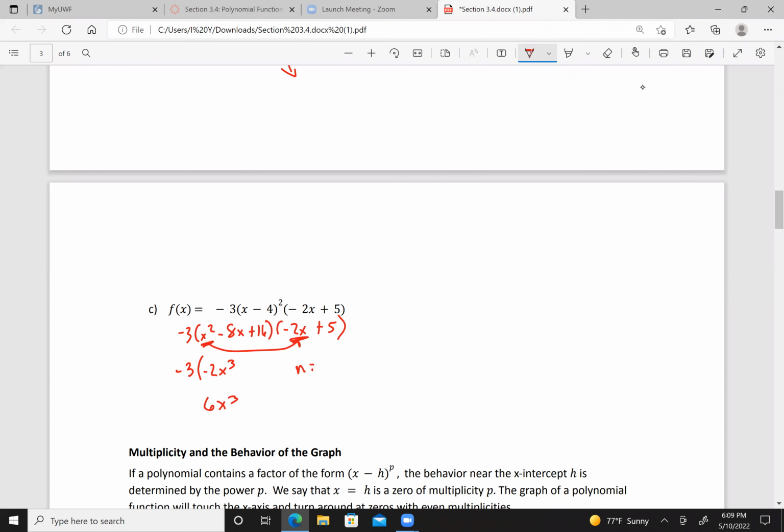So n is 3, and a sub n is positive 6. So we're looking at this general shape. As x approaches infinity, y approaches infinity. And as x approaches negative infinity, y approaches negative infinity.